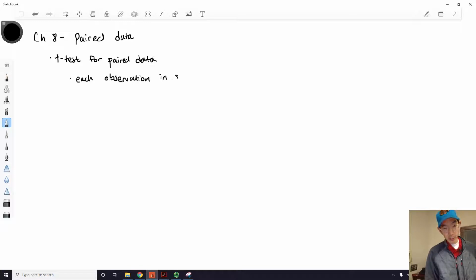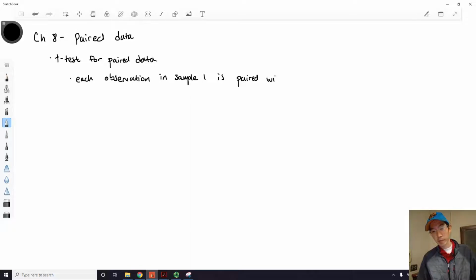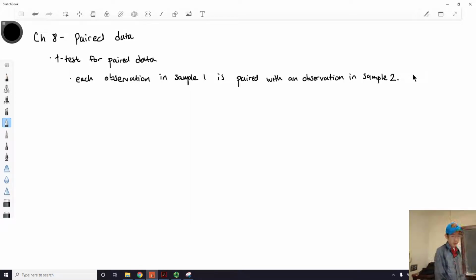The idea here is that each observation in sample 1 is paired with an observation in sample 2. Because of that, one necessary thing is that sample 1 and sample 2 must have the same sample size.